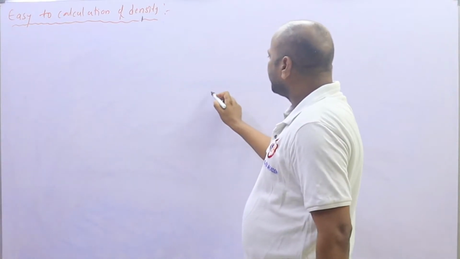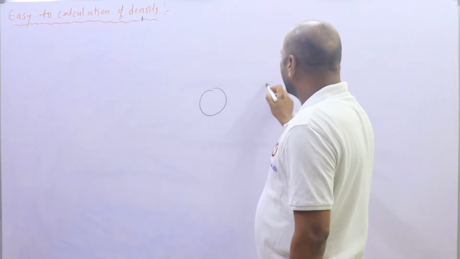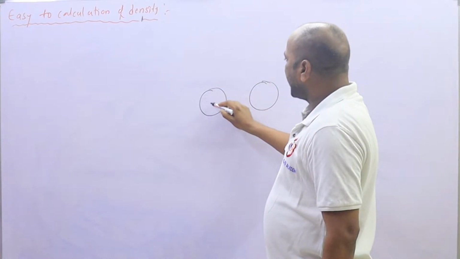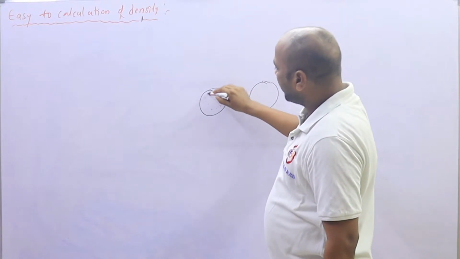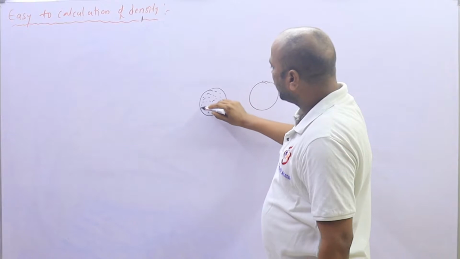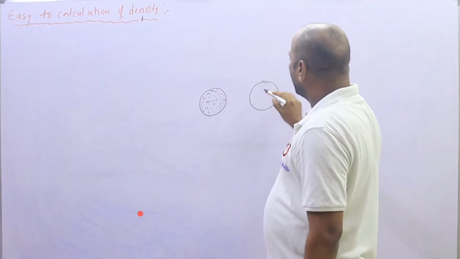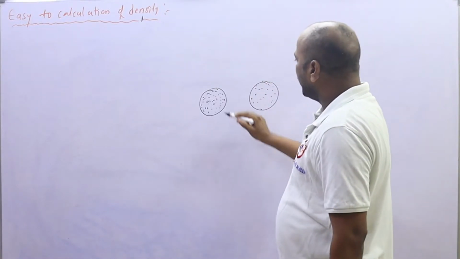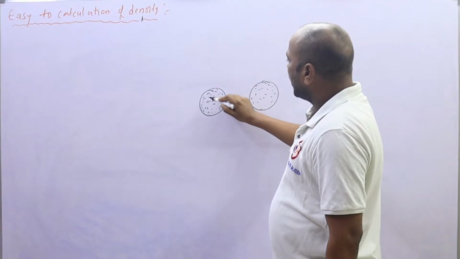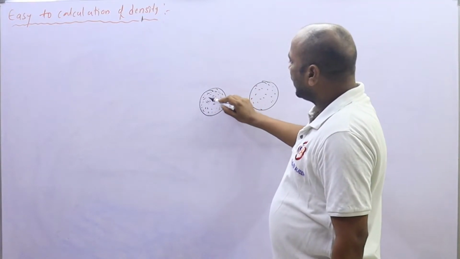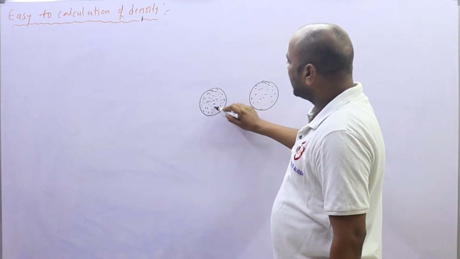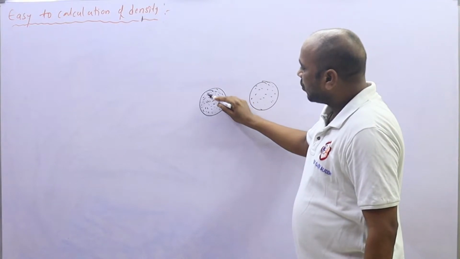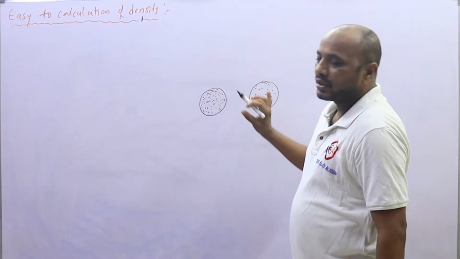See here, substance, molecules or atoms are given in a volume. When they are tightly packed, the molecules, atoms or substance are close together.